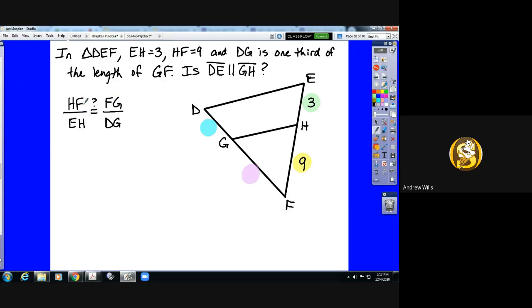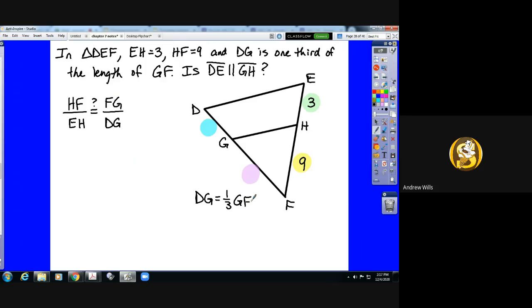The other side, we don't have numbers for, but we do have a relationship. DG is 1/3 the length of GF. So we are not horribly comfortable with fractions.